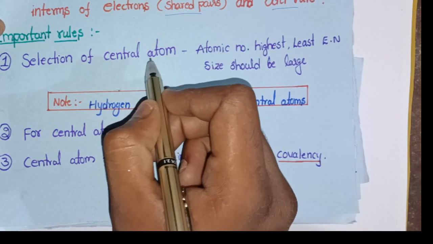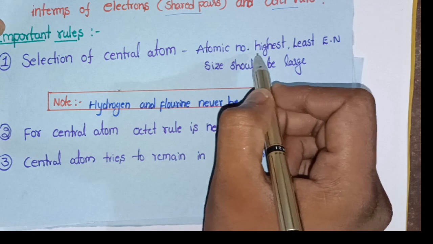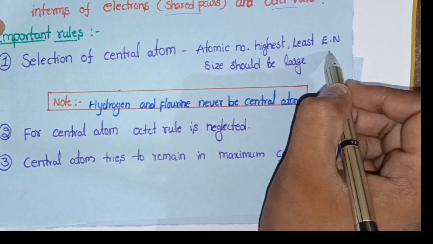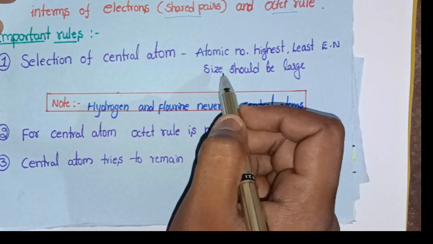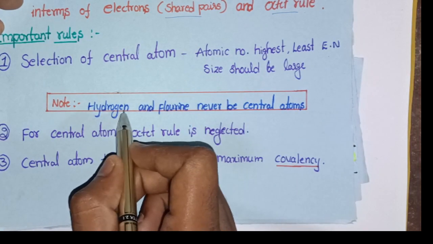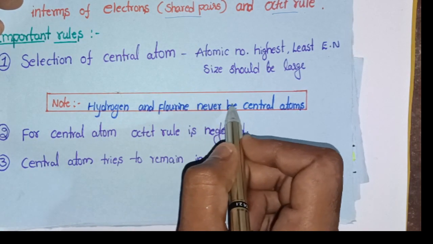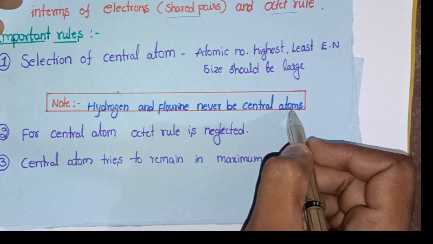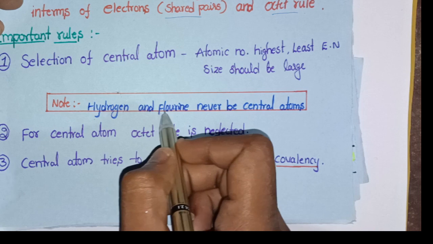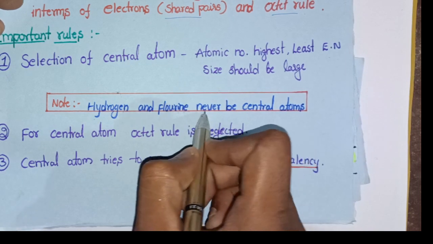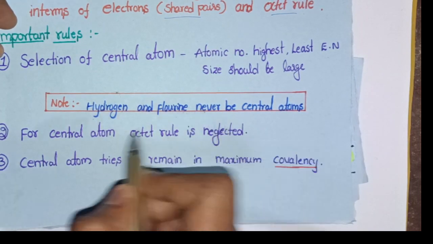The central atom must possess the highest atomic number, least electronegativity, and large size. One exception is that hydrogen and fluorine are never used as central atoms. Hydrogen and fluorine always act as corner atoms in the molecule.